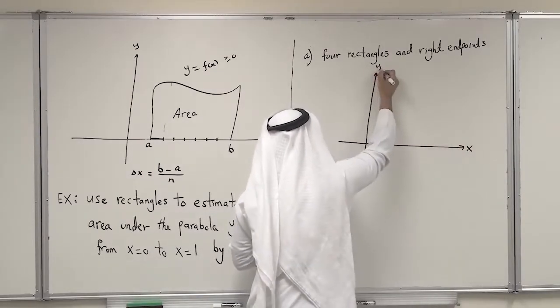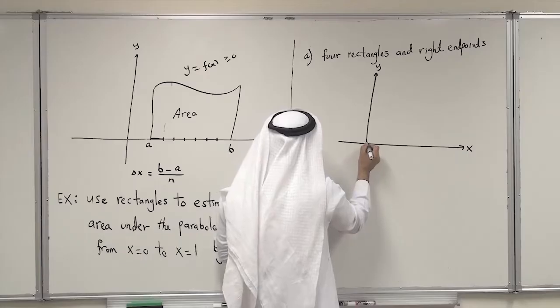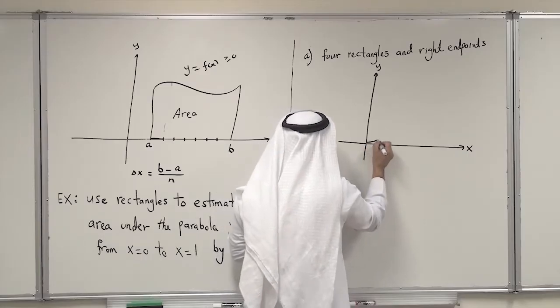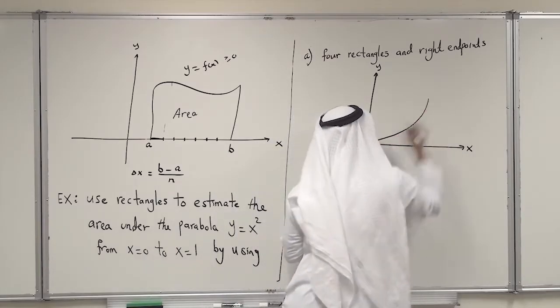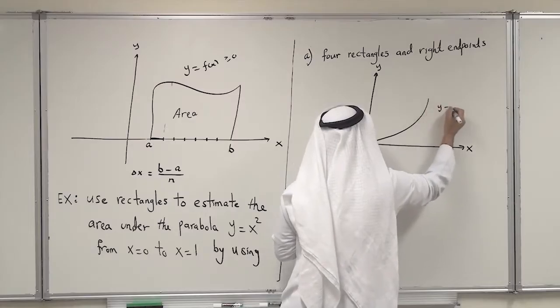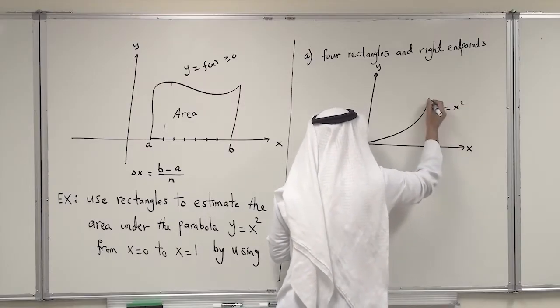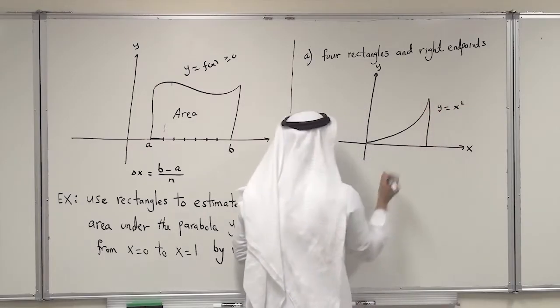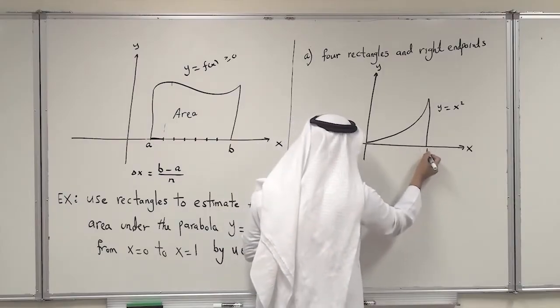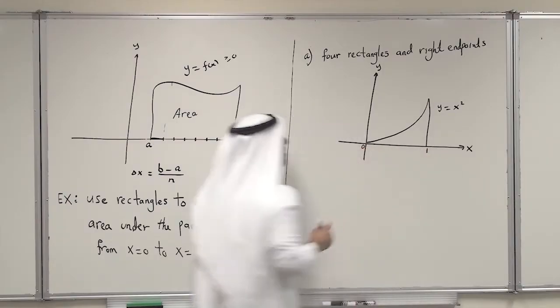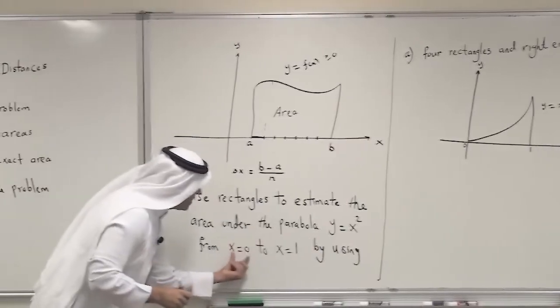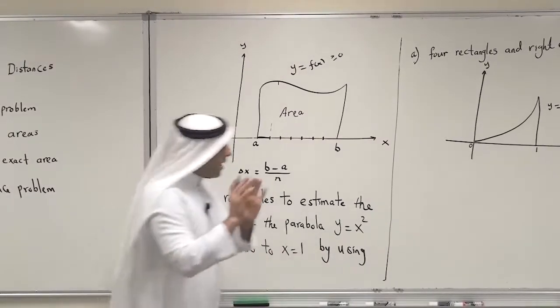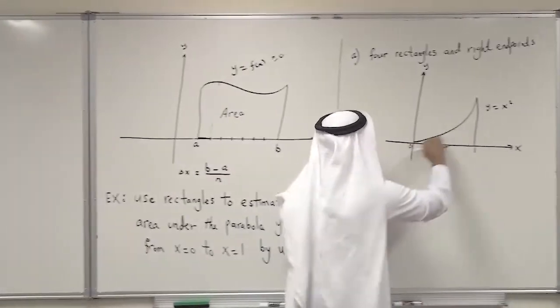We are trying to estimate the area under the curve y equal to x squared. Just a sketch of the graph to illustrate the problem. This is x equal to 1, this is x equal to 0, as said by the question. Actually, what we are trying to find is the exact area here.